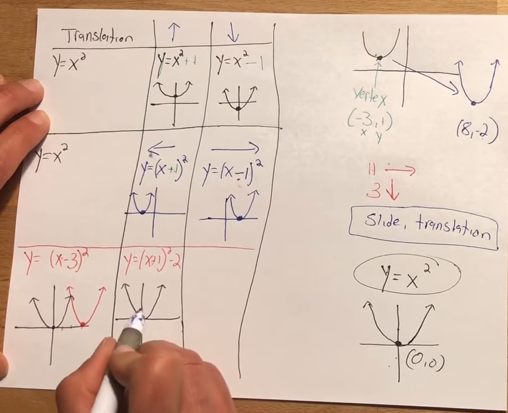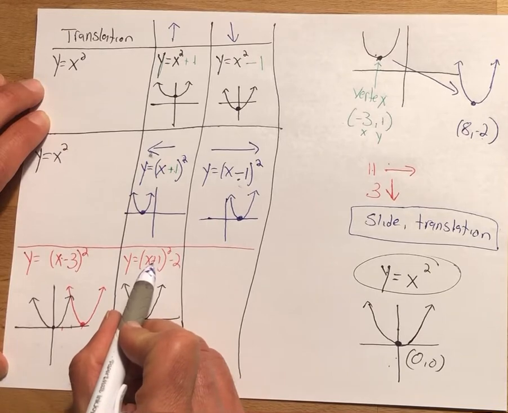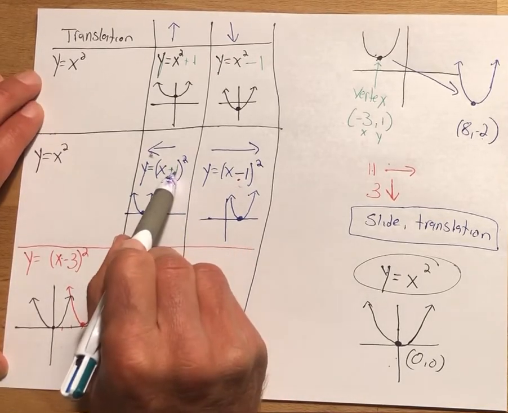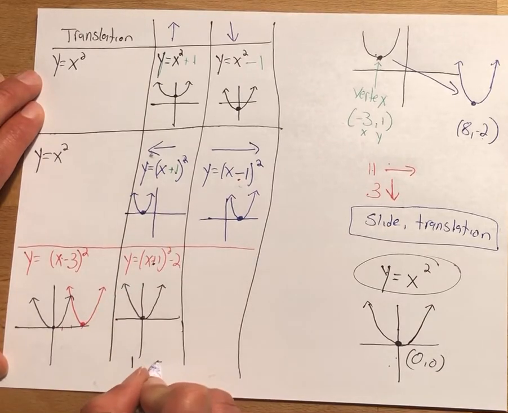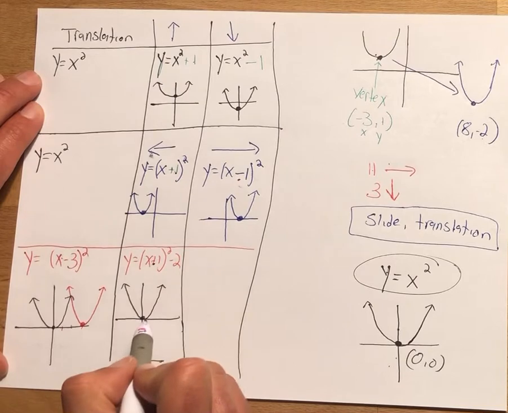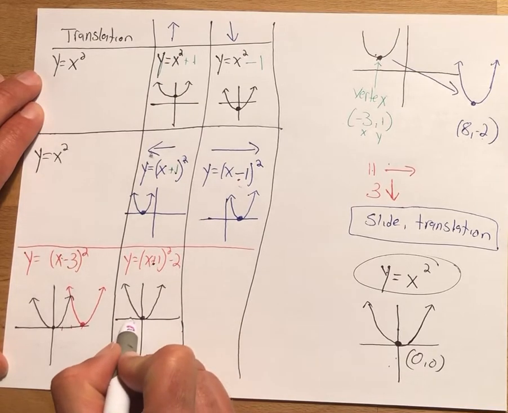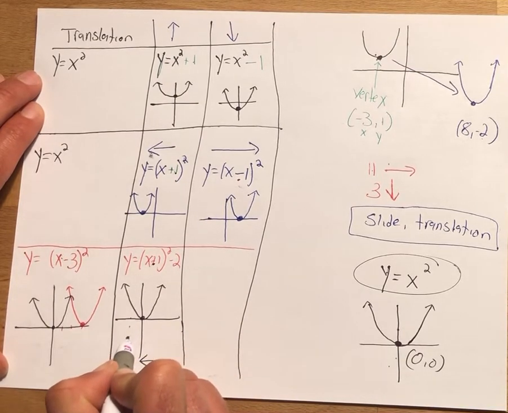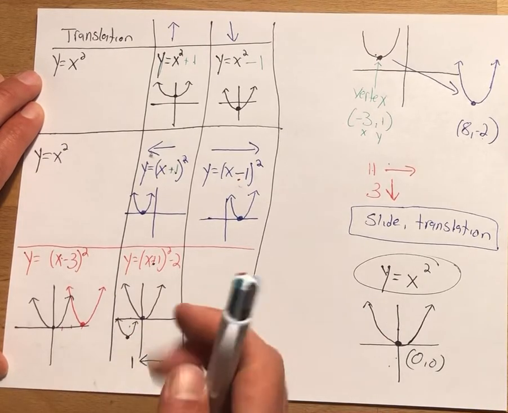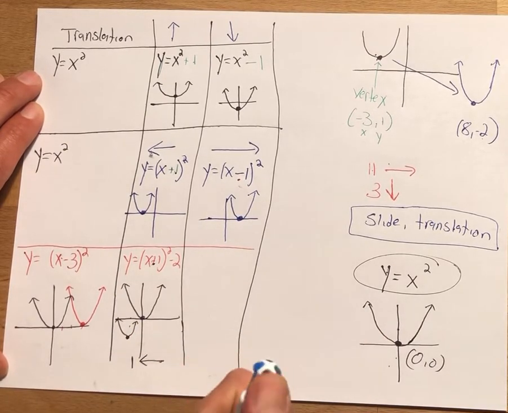Now, I am moving it 1 unit to the opposite. What happens when you put a positive in? It goes to the left. It's moving 1 unit to the left and 2 units down. So this is going 1 and then 2 right here. There's my new graph.